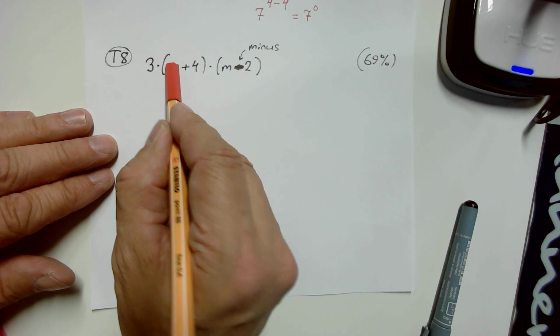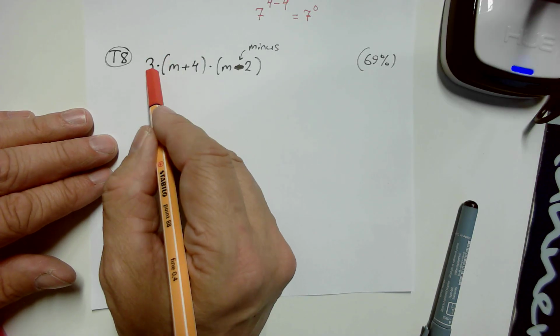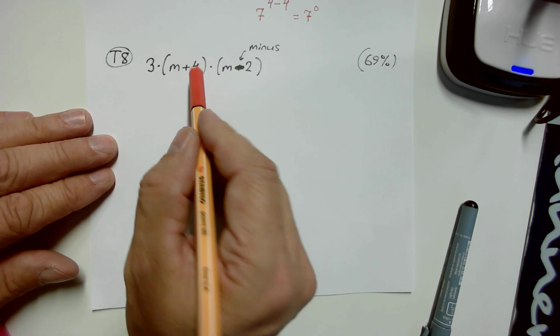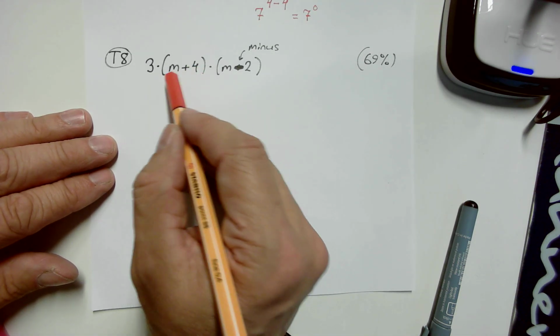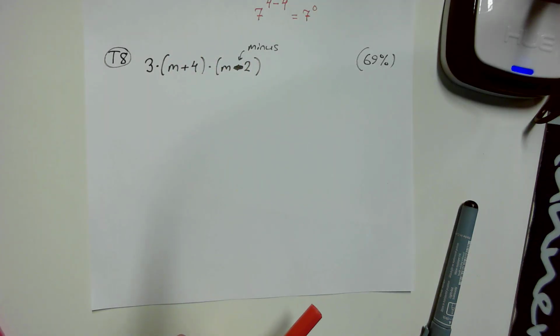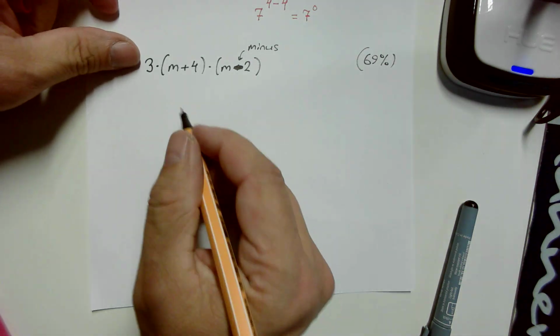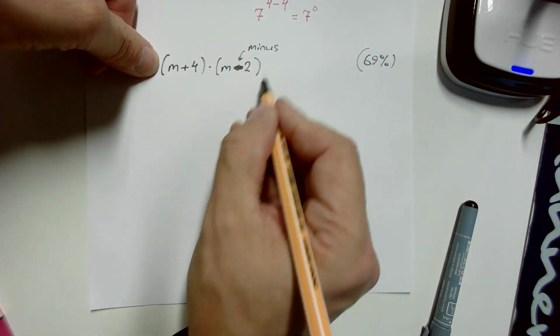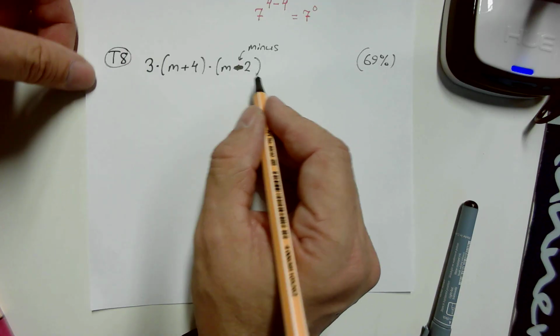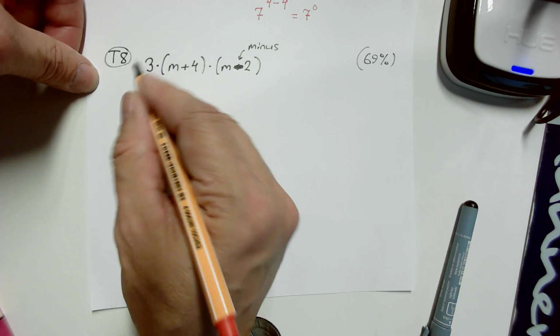It is possible: 3 times m and 3 times 4. But it is also possible to multiply first these two brackets together. It is a case of opinion. I don't know which is better. Maybe I would first count this multiplication, at least when there is a big number in front of it.